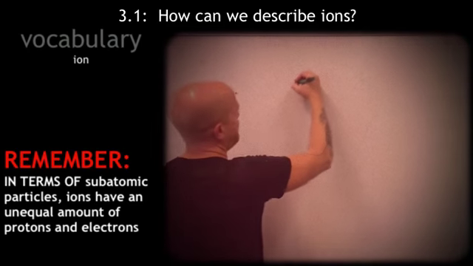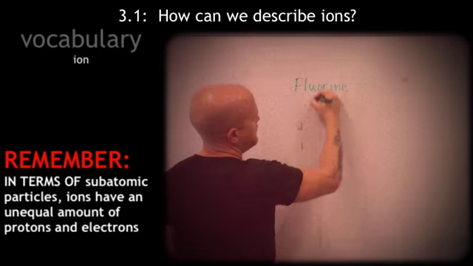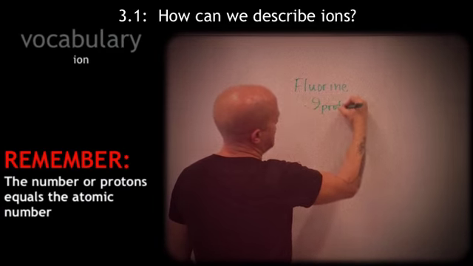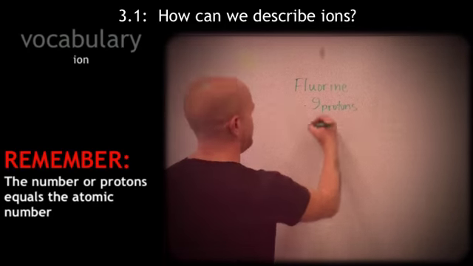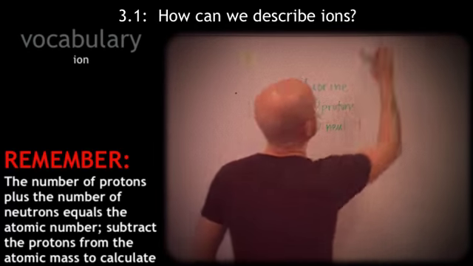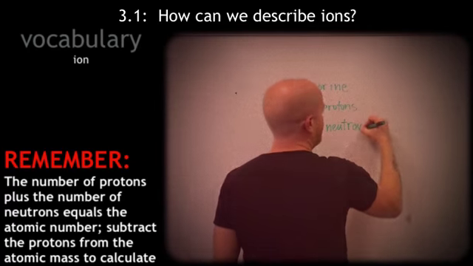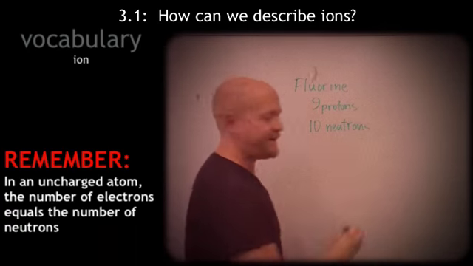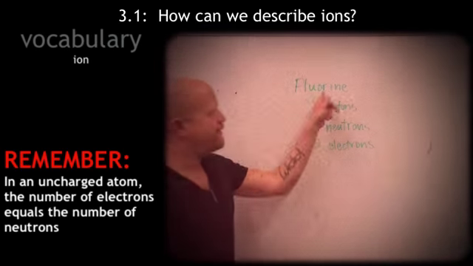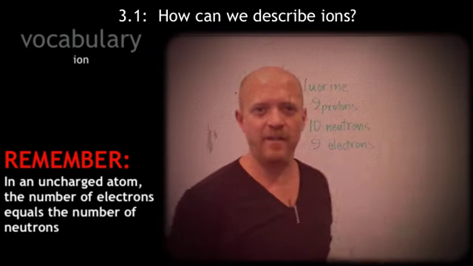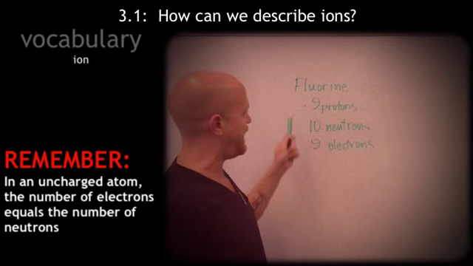For example, fluorine has 9 protons, 10 neutrons, and 9 electrons. If fluorine is a nonmetal, when it becomes an ion, you change the ending. So fluorine is 9, 10, 9.